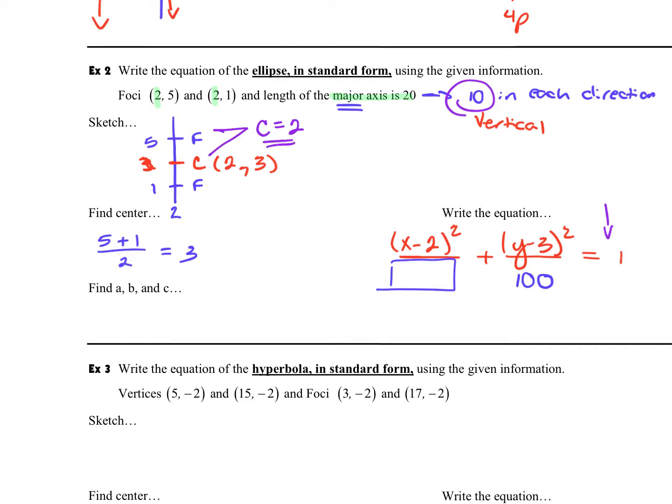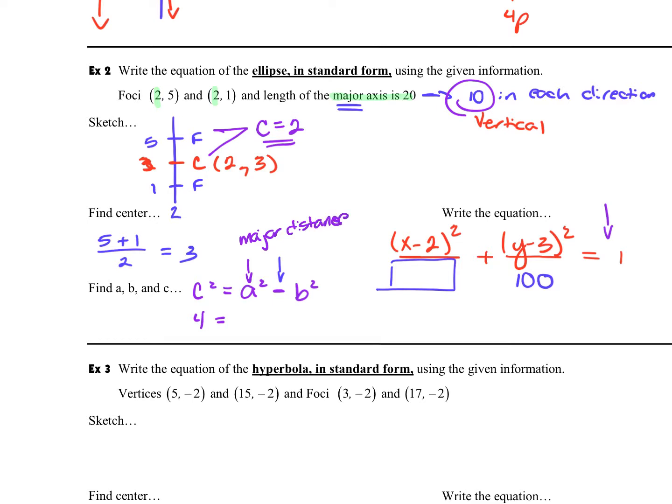So using the c value of 2 and this value of 10, we can work with our c squared, and it's an a squared, and remember, it's minus b squared. So c is 2, so I'm going to drop in a 4. This value has to be the bigger. It's always going to be that major distance. So if you want to write that reminder, you can. This is the major distance.